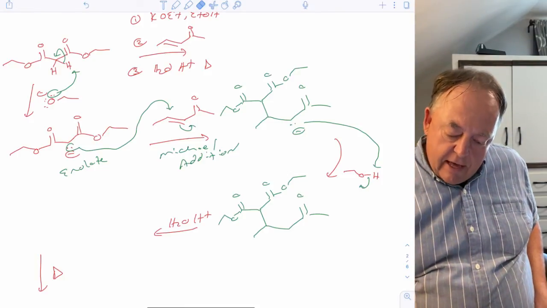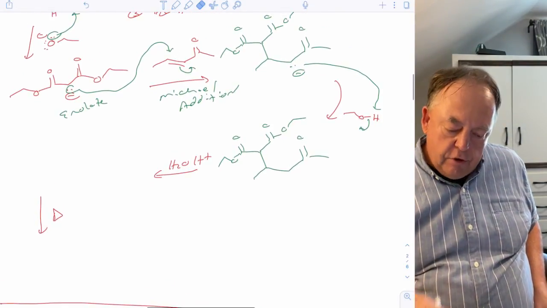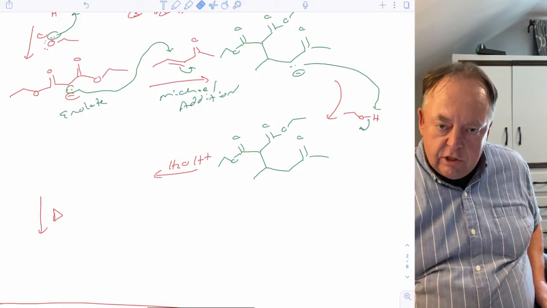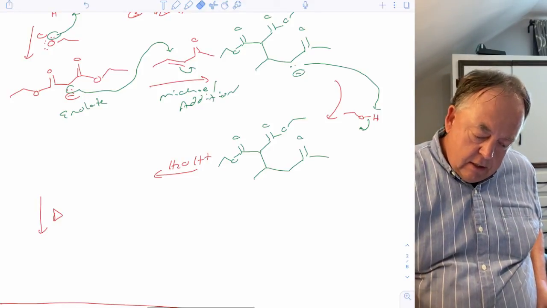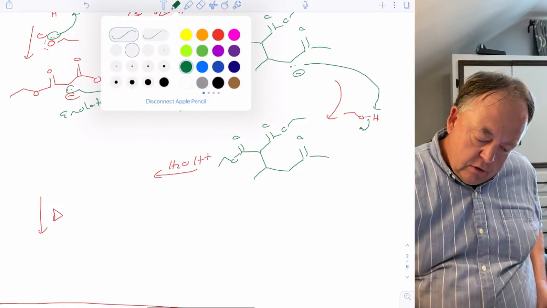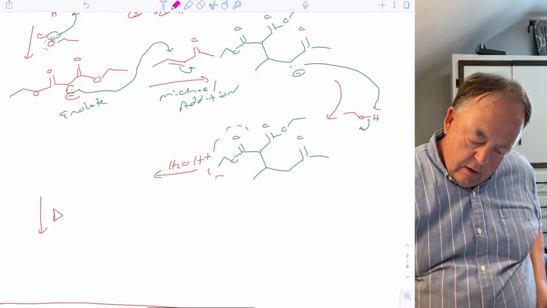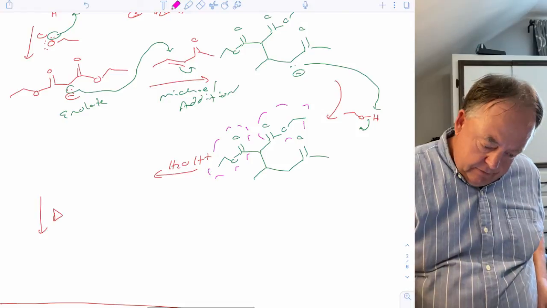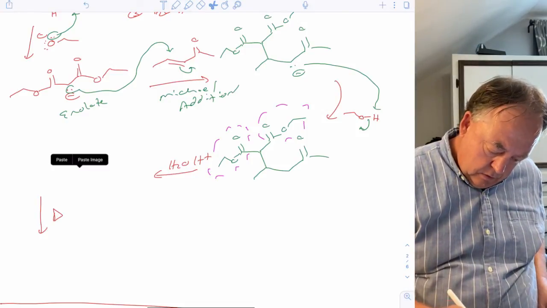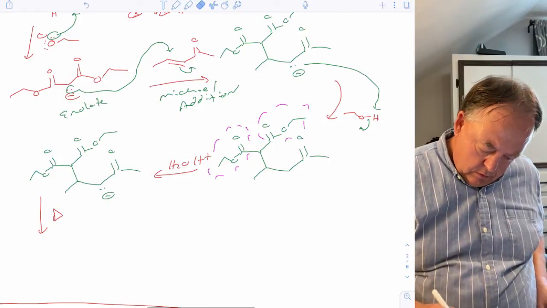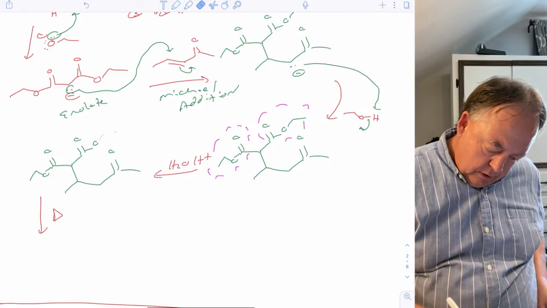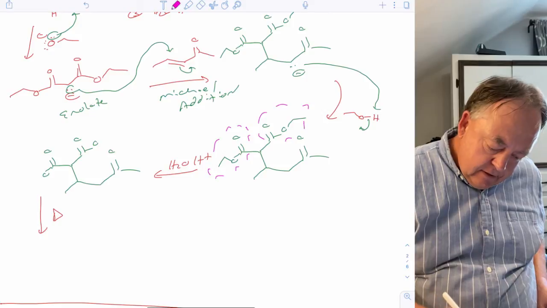Okay, so now you have that, and if that's all you did, you could conceivably stop at that point, but if you want another step, and if you did H2O, H+, then that's going to hydrolyze the two esters, right, to carboxylic acids. Okay, so now these are carboxylic acids.